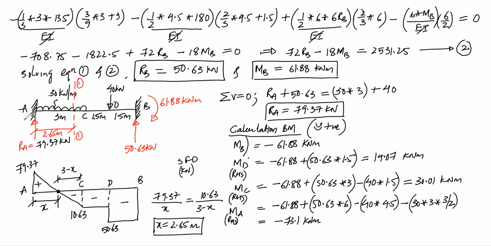So here at A I have a hogging moment, which is 73.1. Now at this section I have a hogging moment due to MA, and I have a sagging moment 79.37 into 2.65, and hogging moment 30 into 2.65 into 2.65 by 2.